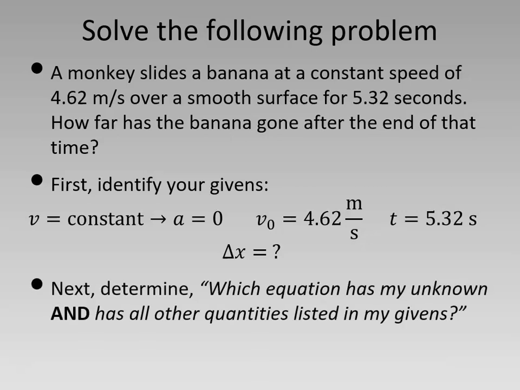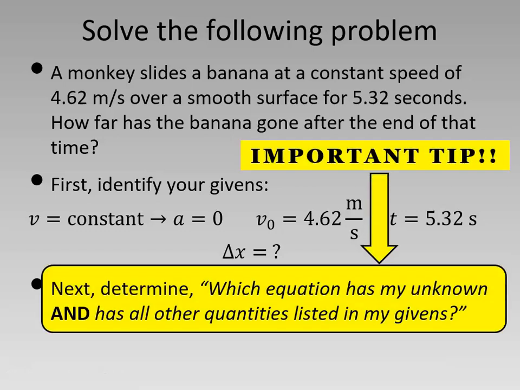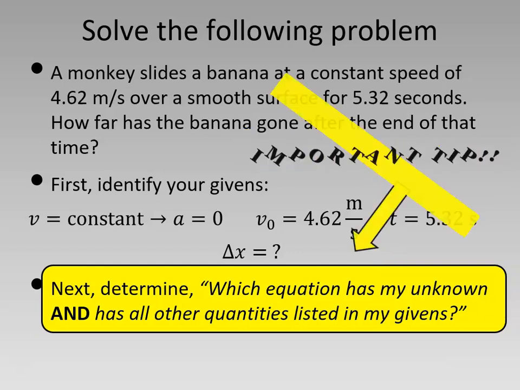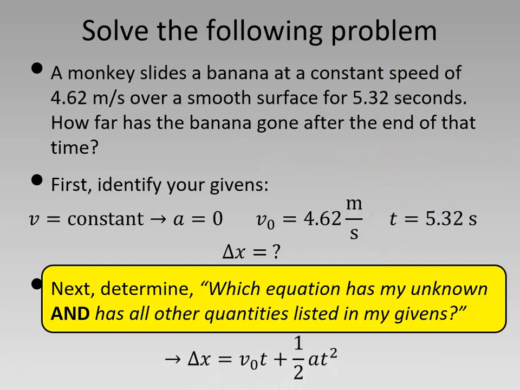So, well, let's see now. Which equation has my unknown, that is delta x, or at least x, and has all of the other quantities listed in the givens? I can actually think of 2 equations that work here. The easiest one is going to be, just think of the equations in order, delta x equals v naught t plus 1/2 at squared.